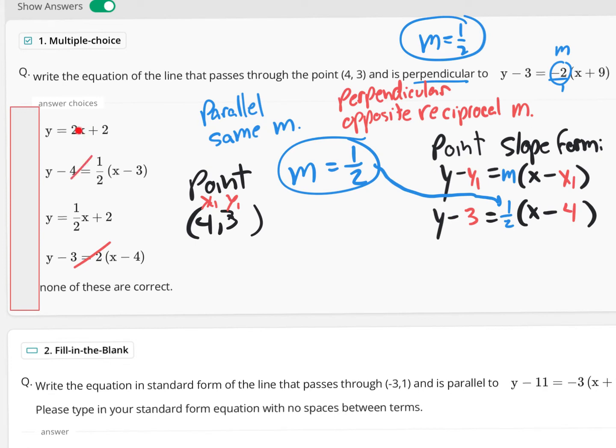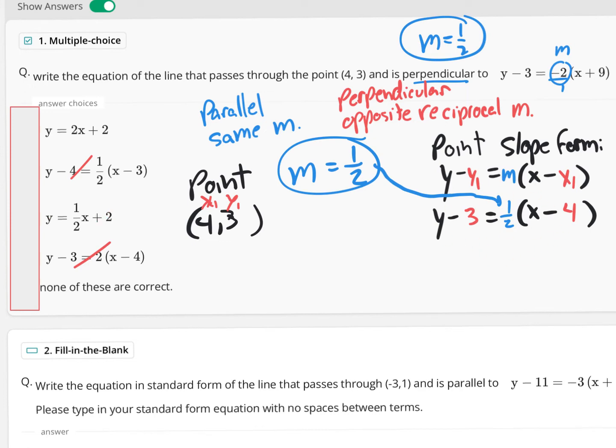The only other 2 equations, they're not in point-slope form. They're in slope-intercept form. So if I really wanted to check if it was one of these in slope-intercept form, I would have to change this into slope-intercept form. I hope you guys recognize that this is a y equals mx plus b. This is a y equals mx plus b. So how do I change this to become y equals mx plus b?